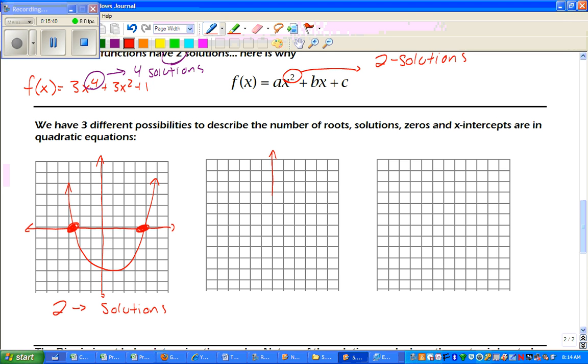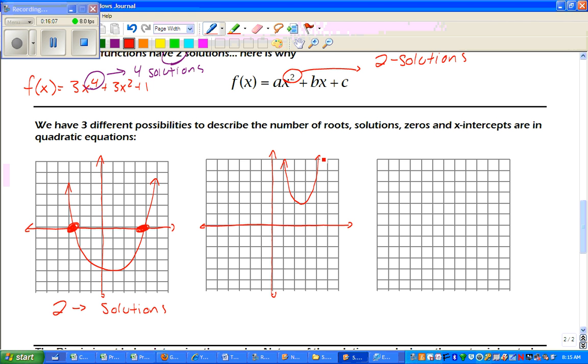Let me draw another parabola for you. So here's my axis. What happens if I draw this parabola up here? How many solutions does this one have? How many does it have? It has two. All of these will always have two solutions. What's the problem here? It's not hitting the x-axis.